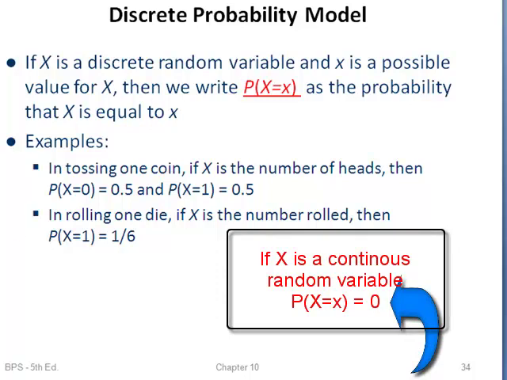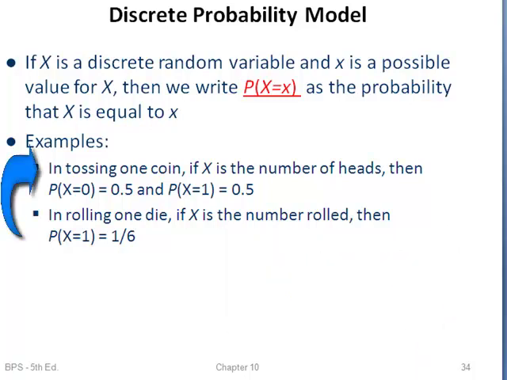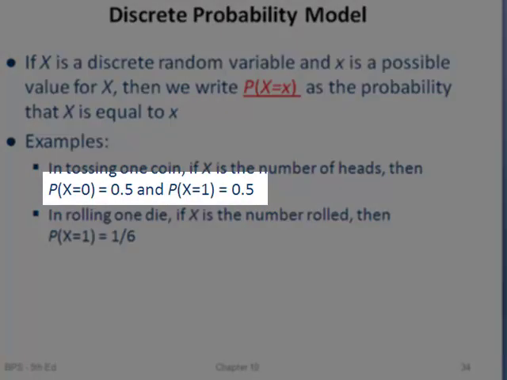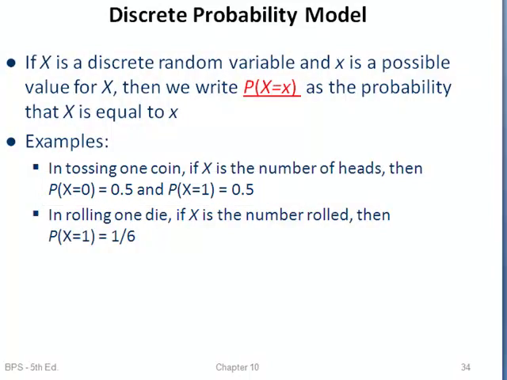So, back to the discrete probability model. Let's look at some examples. If we let X be the number of heads when we toss a coin, there are two possible answers. You could see a head 0 times, or you could see it 1. So the probability that my random variable equals 0, so I see 0 heads, is 1 out of 2, or 0.5.